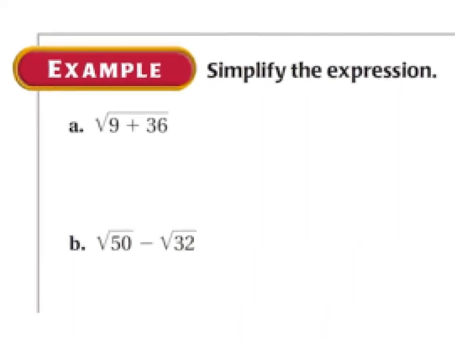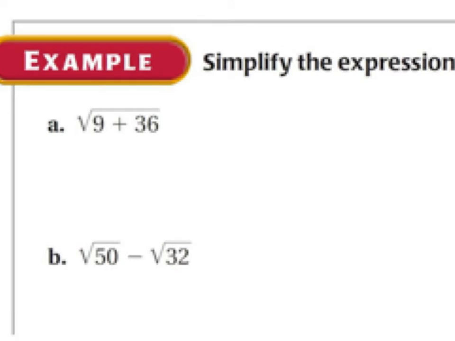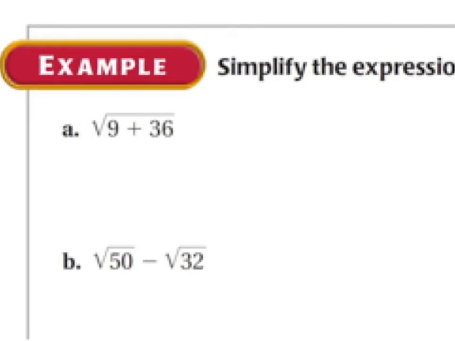So this first part, how you solve this, it's the square root of 9 plus 36. Since those are both underneath the square root, you go ahead and add those together. So that gives you 9 plus 36 would be 45. All right, now can you take the square root of 45? No, you can't. So you have to break it up into a perfect square.